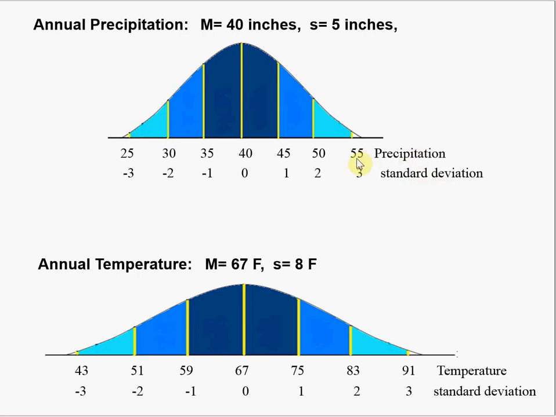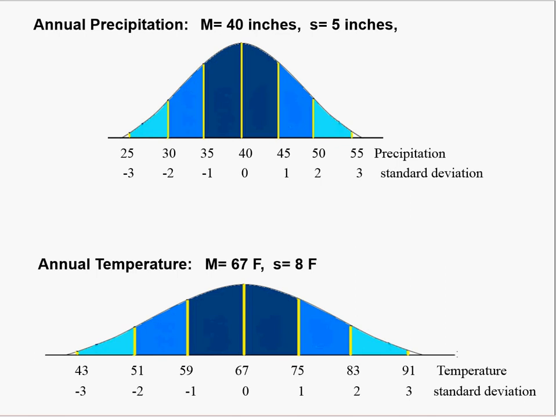That's where you got 55 corresponds to 3 standard deviations above the mean. 51 corresponds to 2 standard deviations below the mean. That's how we come up with this common theme among all those different normal distributions in the real world.